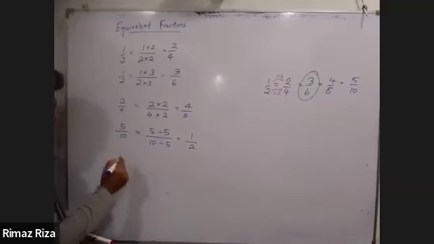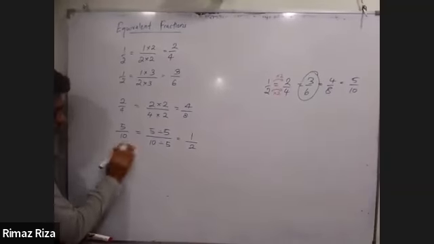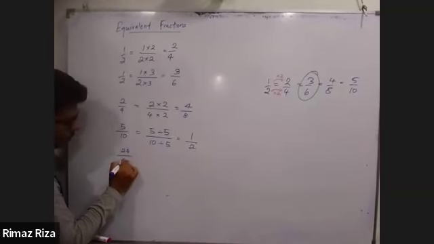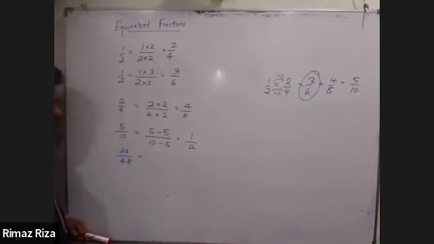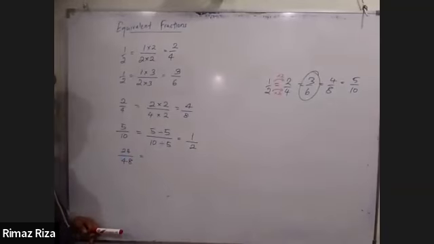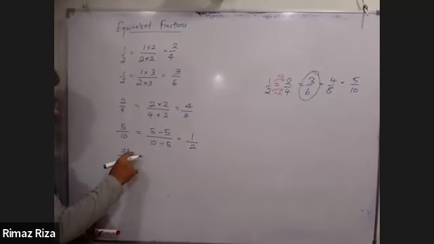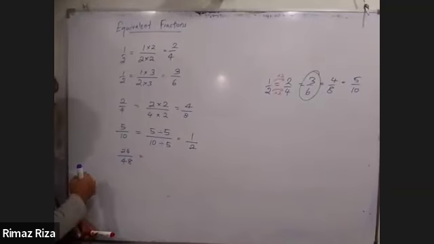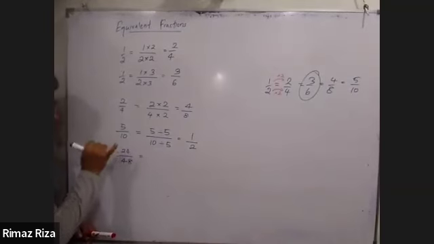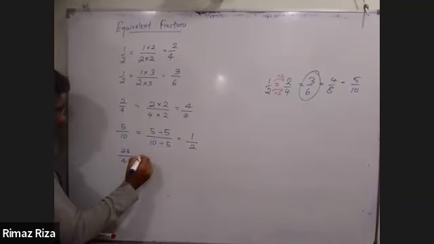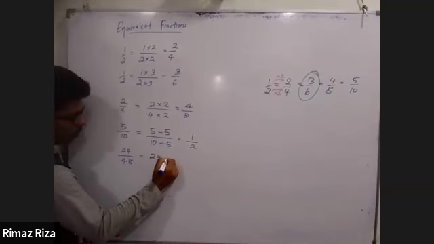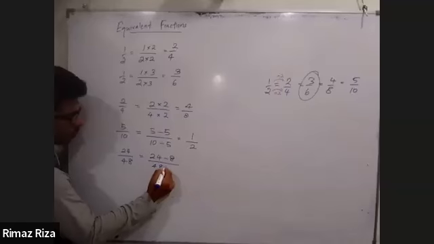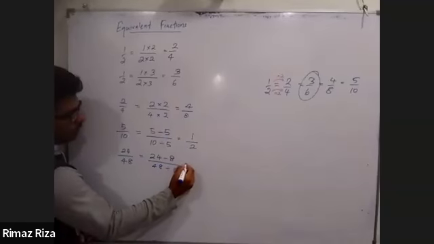Another one, for example, let's say 24 over 48. Okay, so I'm going to divide both. I can divide by 2, 4, or 12. I'm going to divide by 8. 24 divided by 8. So 48 also must be divided by 8.